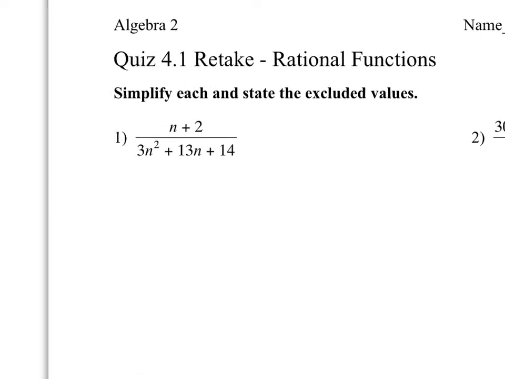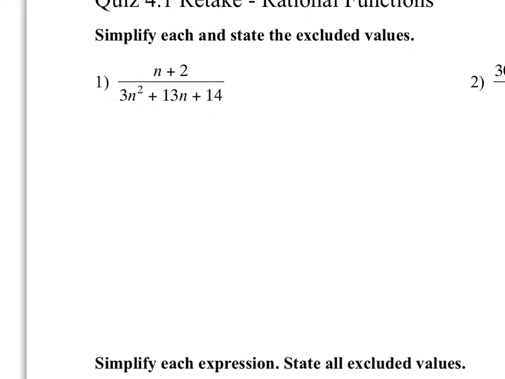I'm looking at number 1 real quick, and I noticed that the bottom of this fraction needs to be factored. So I'm going to go ahead and do that really quickly. I'm going to do 3n squared and 14, that multiplies to 42n squared.